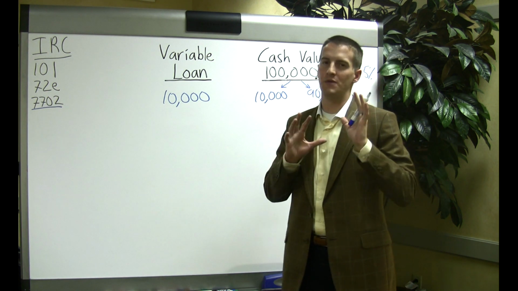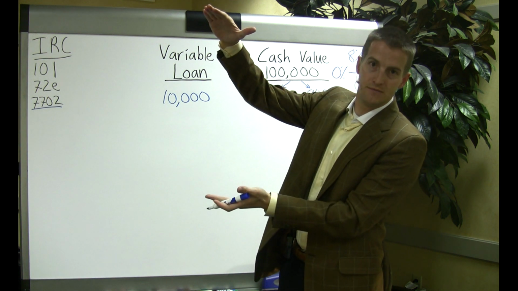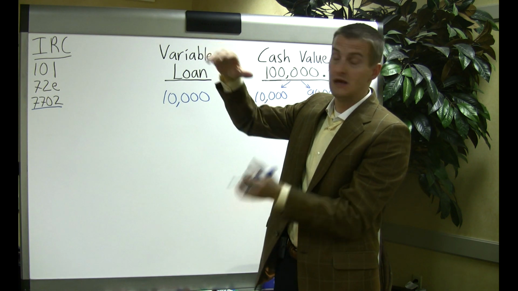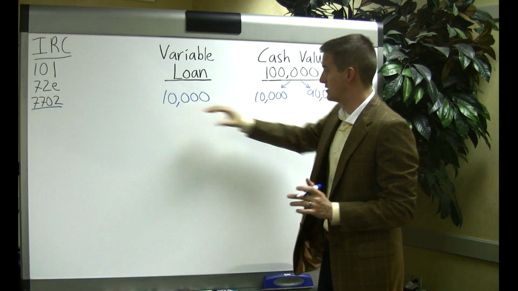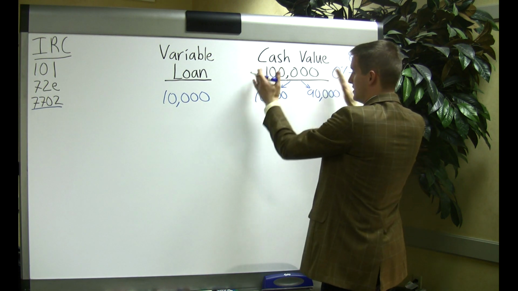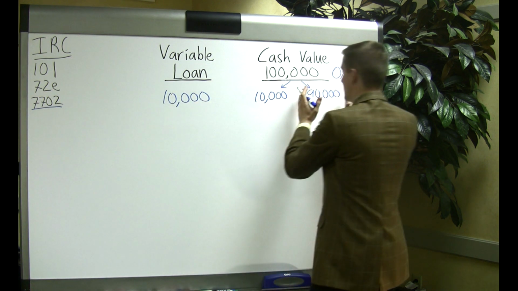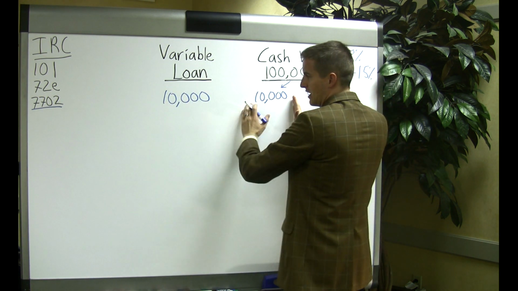So let me back up here and say, if you have a bank account that has $100,000 in it, and you want to take out 10 grand, you now have $90,000 left, right? That's exactly what I'm trying to show here: you take a loan against it, you still have your $100,000 in there, but you have a lien against it of 10 grand, so you have a net of 90. 10,000 of your cash value is earmarked to pay off the loan.